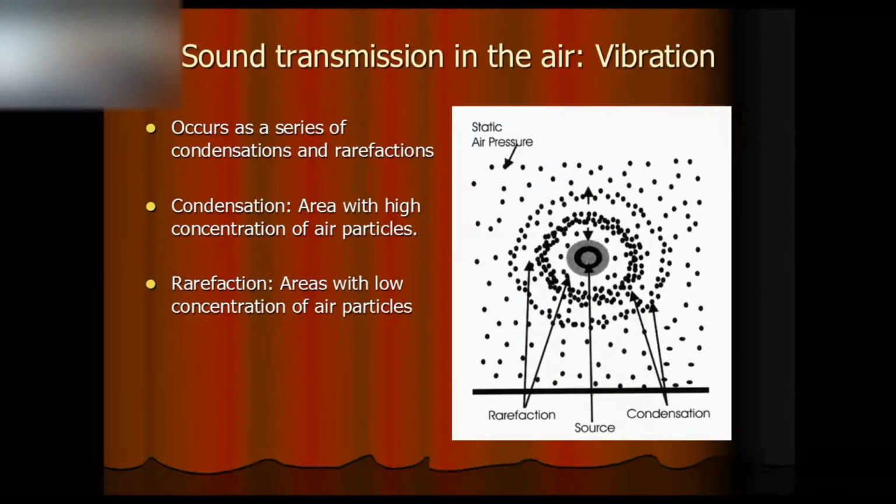So what happens after our vocal cord vibrates? Yes, the sound gets out of our mouth and starts transmission until it reaches somebody else's ear. So how does sound transmission in the air work? Again, the transmission is based on vibrations.